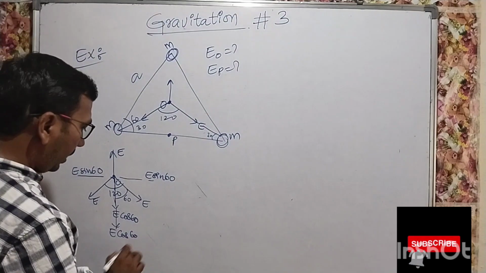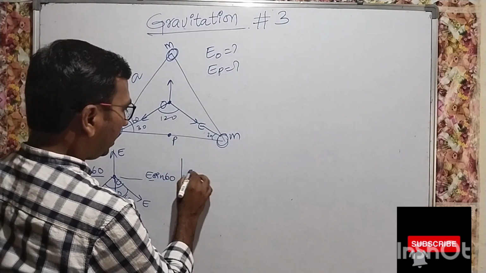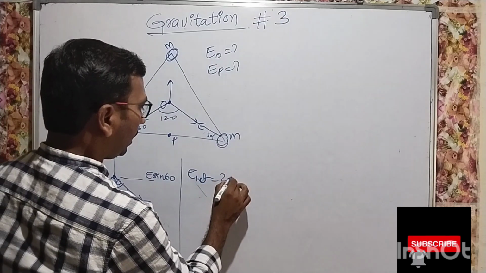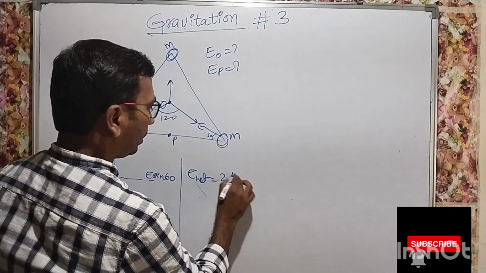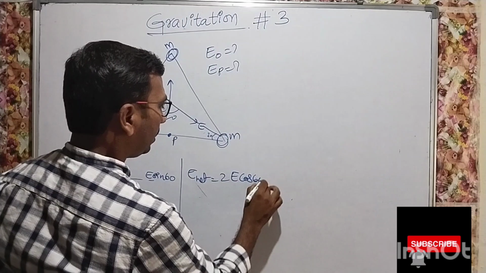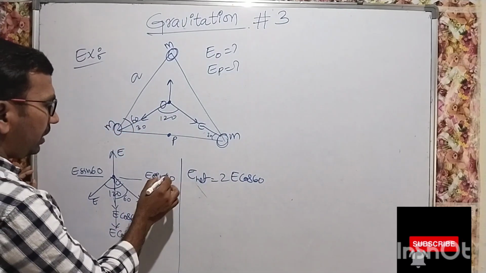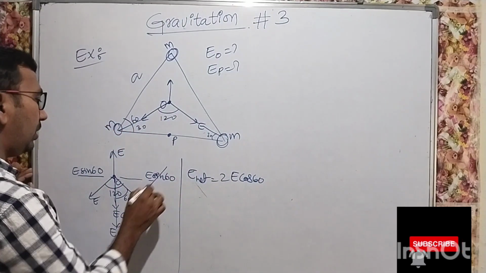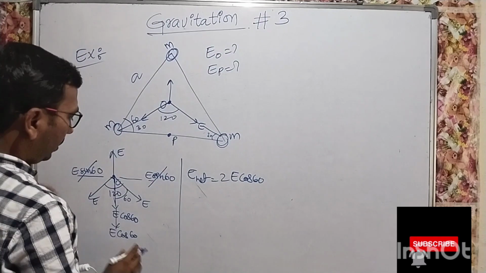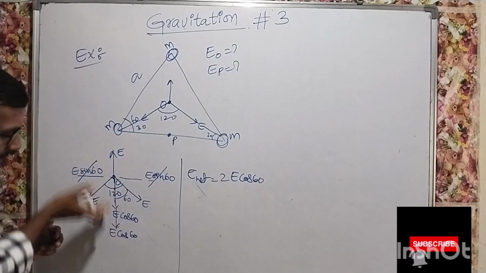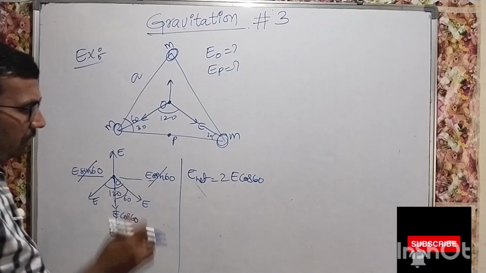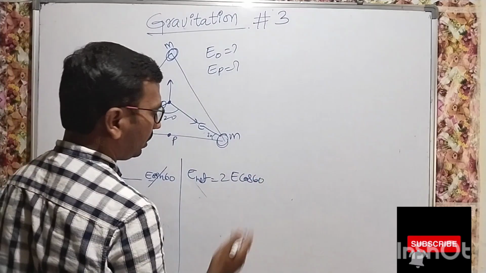So the net field E net is equal to 2 times E cos 60. The E sin 60 and E sin 60 cancel each other, so the net gravitational field acts in this direction: 2E cos 60.